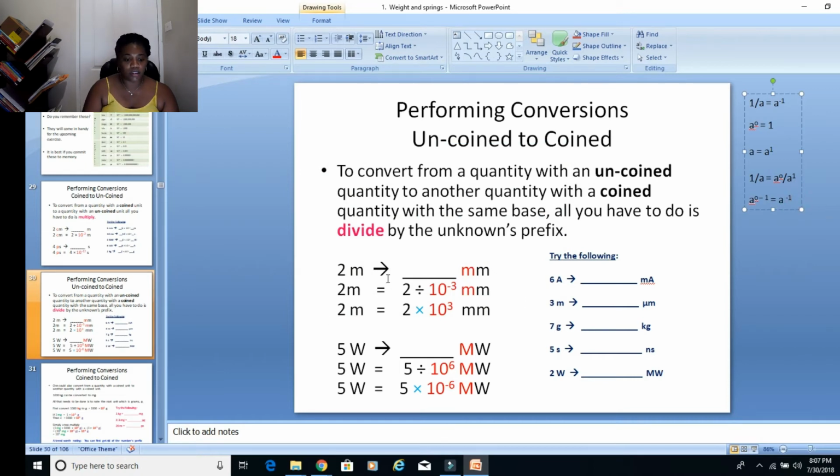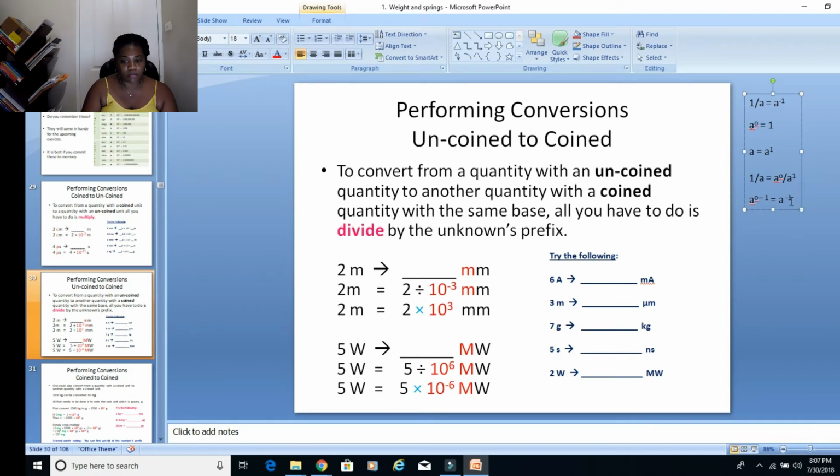So in this case, what's happening up here is that you are dividing 2 times 10 to the 0 divided by 10 to the negative 1.